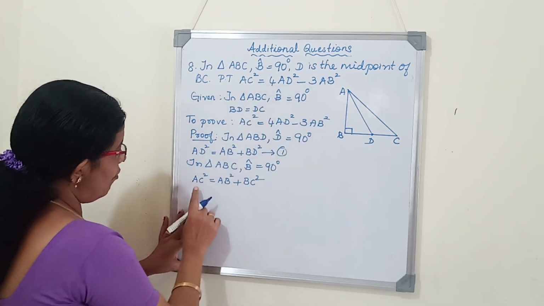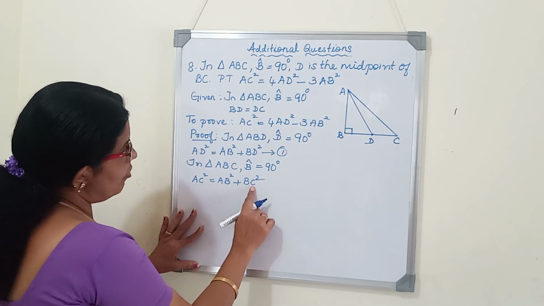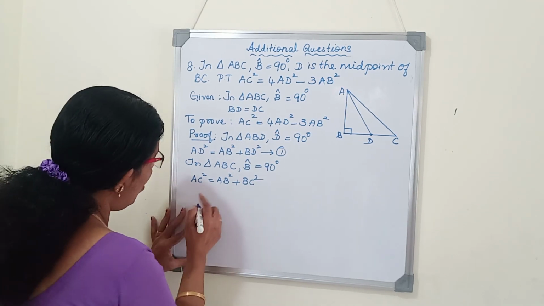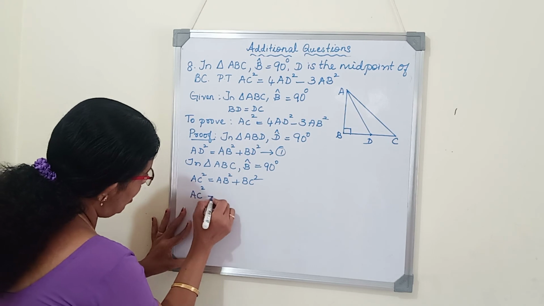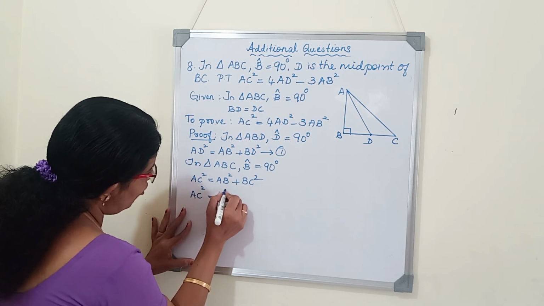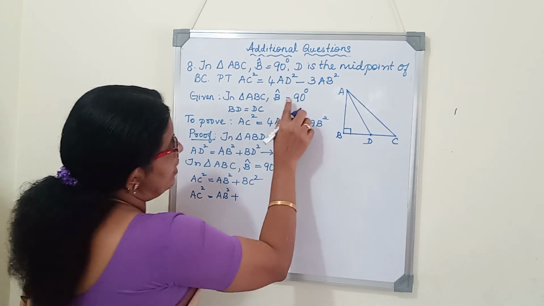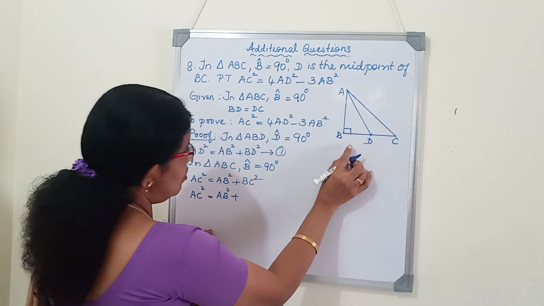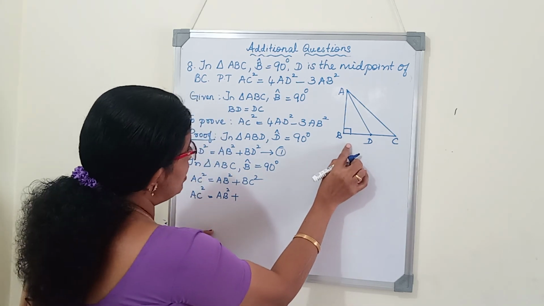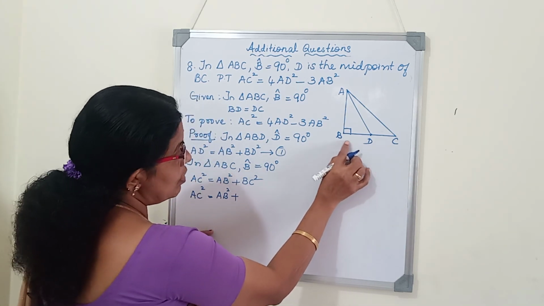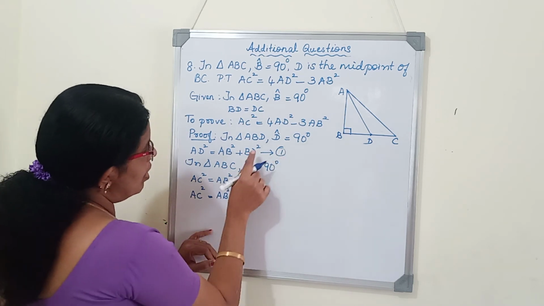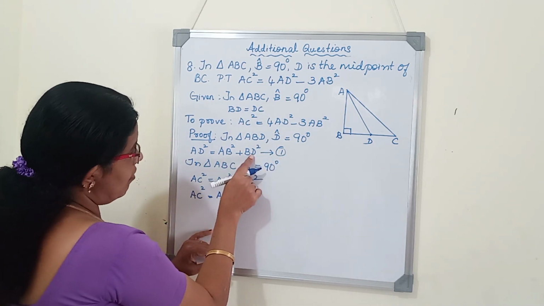So in this proof, we want AC square and AB square. We have to remove BC square. So now AC square equals AB square plus, instead of BC, D is the midpoint of BC. So we can say that BC can be written as twice BD, because in the first equation BD is there.